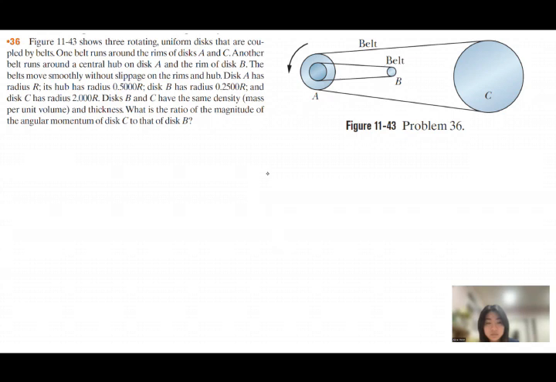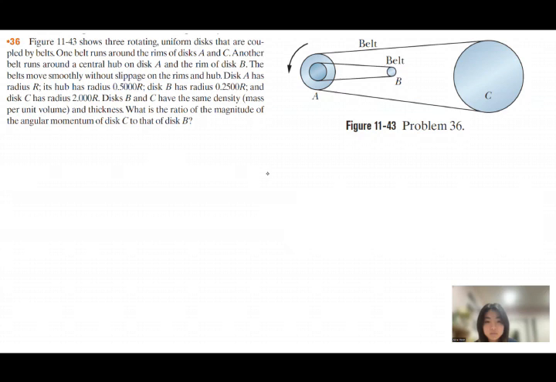So disk A has radius r, its hub radius is 0.5 r, half of A, and disk B has radius 0.25 r, and disk C has radius 2 r. Disks B and C have the same density, mass per unit volume, and thickness. So what is the ratio of the magnitude of angular momentum of disk C to that of disk B?